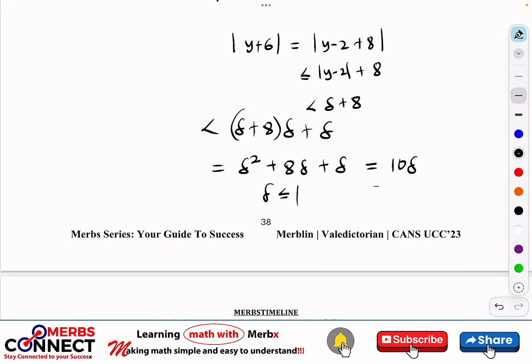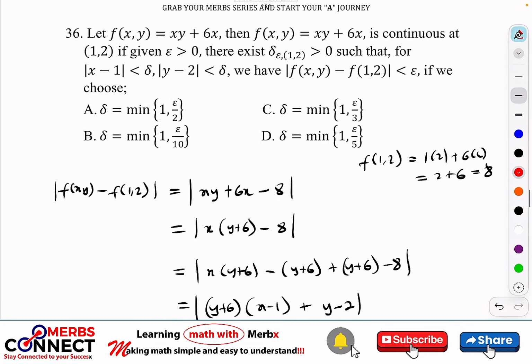Then I'm also going to choose delta to be equal to epsilon over the coefficient of delta, right? So that when I do the substitution, this is going to be 10 epsilon over 10, which is given as epsilon. So how many choices? I chose this and this. So we are choosing the minimum of delta: it should be 1 and epsilon over 10.